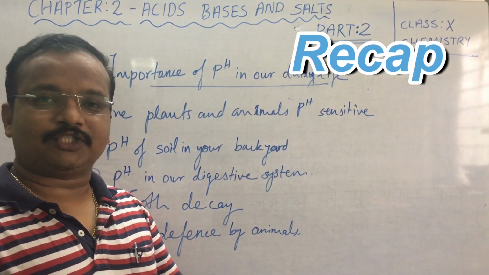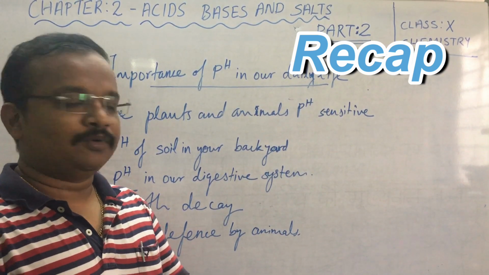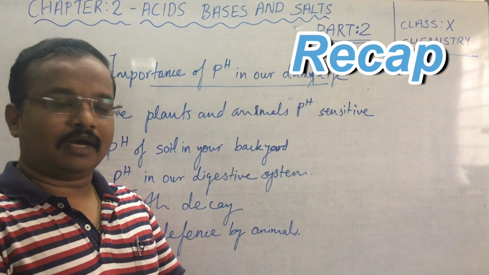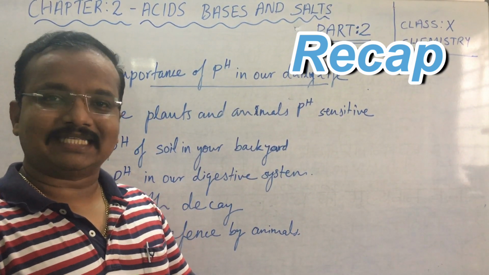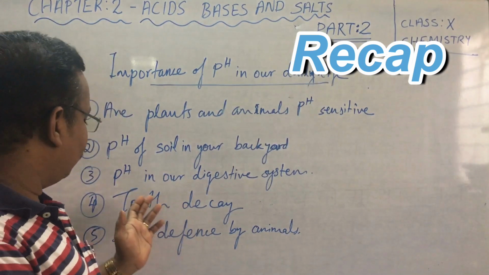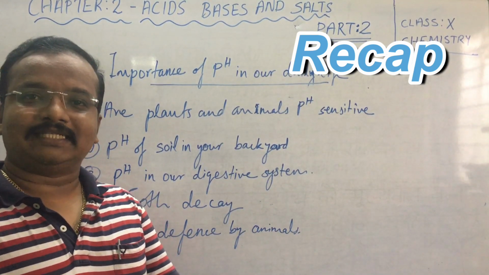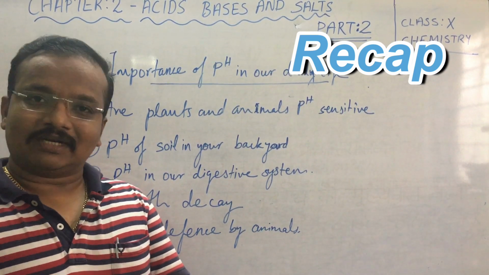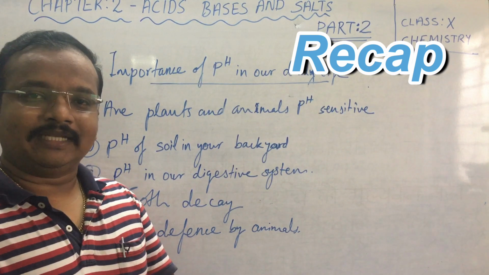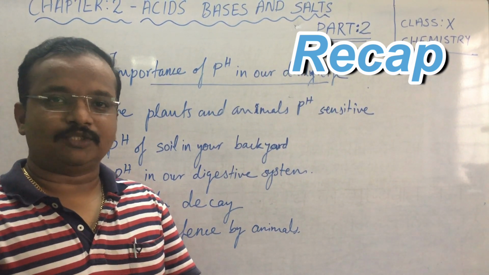In our digestive system, it should not be too acidic or too alkaline. So you need to take some milk of magnesia to neutralize the acidity. Also, we discussed tooth decay, where if the pH of the mouth goes less than 5.5, it causes decay of enamel and tooth decay.